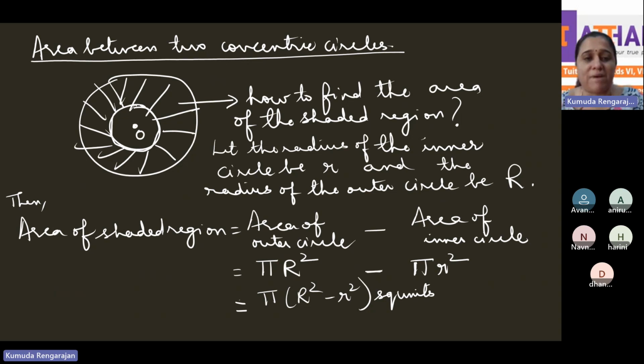So the area of the shaded region is pi, open bracket, capital R square minus small r square, close bracket, square units. Please write down, children. That's why I'm waiting.